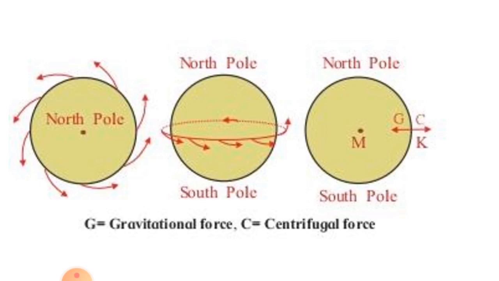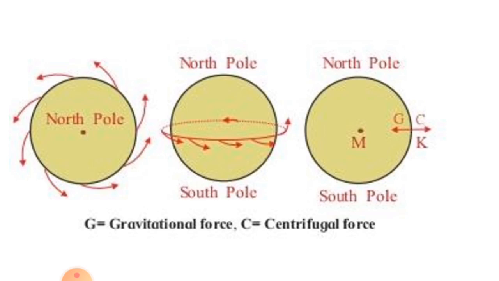Dear students, as you observe this figure, at the North pole the force is moving to the left side, whereas at the South pole the force is moving to the right side.